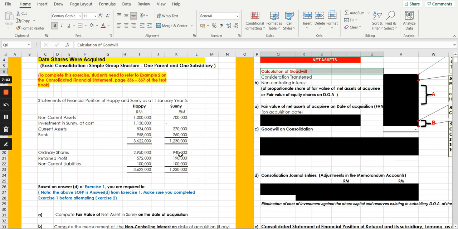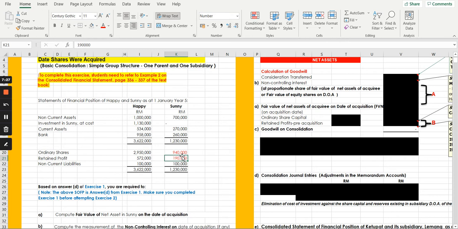So fair value of net asset, we are talking about equity. Let us check the equity section in SANI. This is the only equity that SANI has on the date of acquisition, which is ordinary shares and retained profit. So we put the same thing here: the ordinary shares, and the retained profit available on the date of acquisition, which is also known as pre-acquisition profit. How much is that? It's the same amount. So 940,000 plus 190.